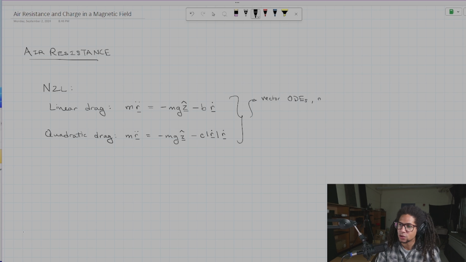They are what's called autonomous, and that means that the independent variable never appears in these equations. That can also sometimes give us some simplification. And secondly, they're second order, but the zeroth order does not appear.